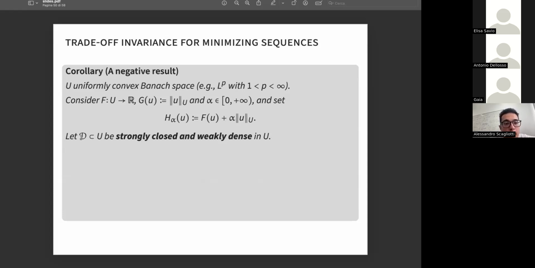Let's imagine that we are considering just functions in some LP space that are only taking values in Z. The functions only taking values in Z are a strongly closed set, but they are weakly dense because we can let them oscillate and then we can weakly approximate any other function.